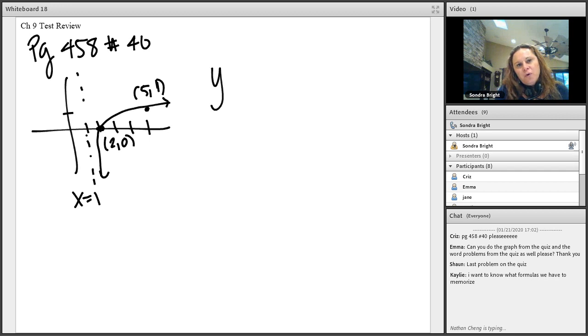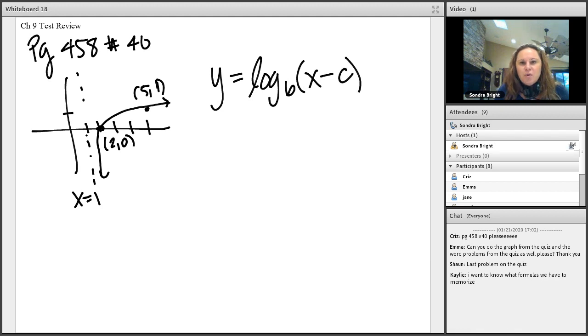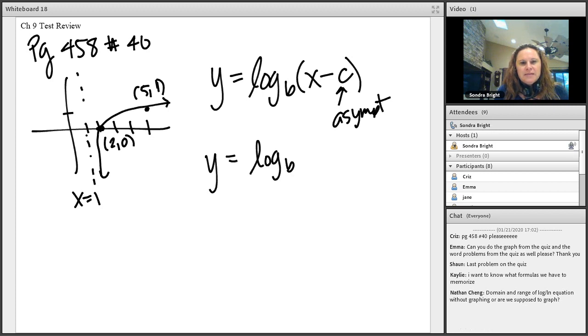So the form of your equation will be y equals log base b of x minus, I don't remember what letters we used, I'll say c, where c is going to be your asymptote. So we've got y equals log base b of x minus 1, since your asymptote is going through 1.